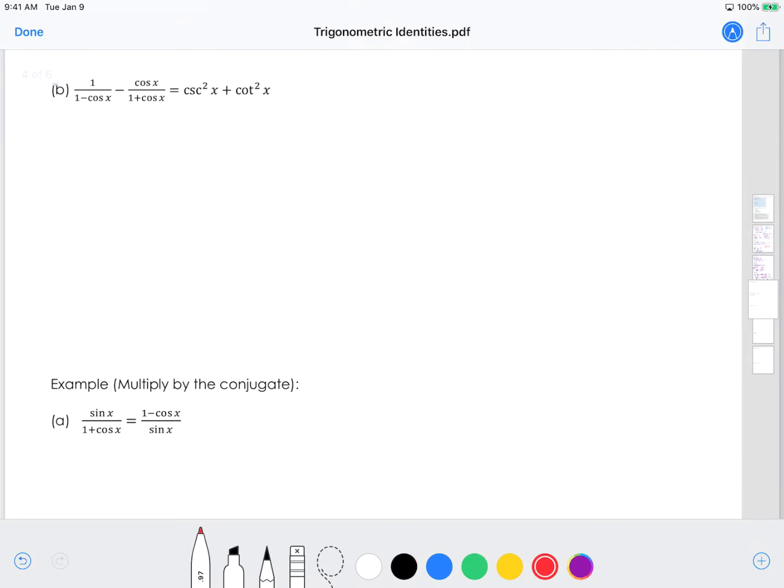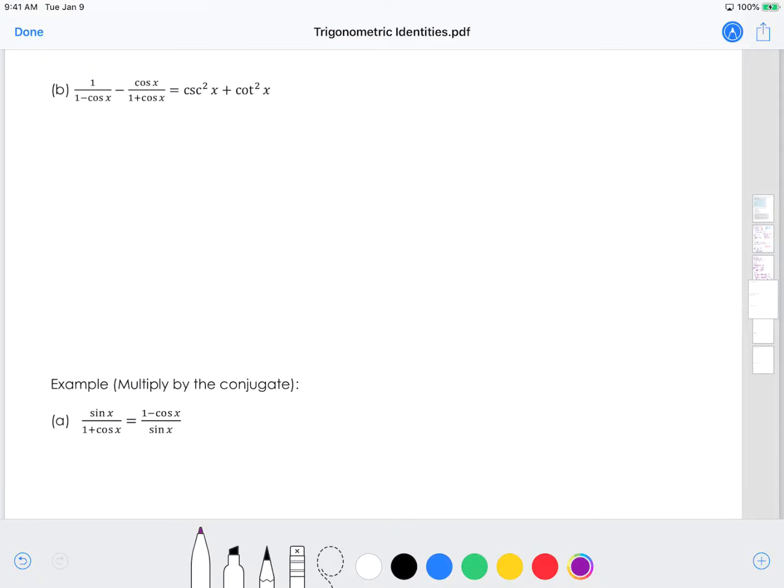Okay, the next example, again, we're trying to show how we can use finding common denominators and combining fractions. We can use that method to prove identities. So I'm going to make a common denominator here and combine the fractions.